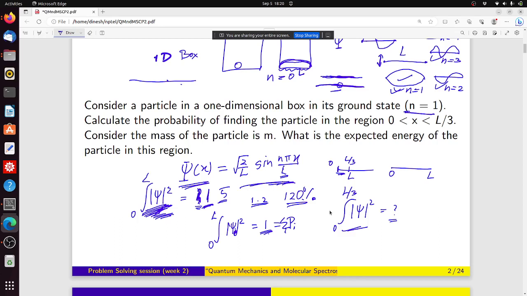I'll wait for 5 minutes, or no, 5 minutes will be more. Let's say 3 minutes. Take 3 minutes, then tell me the answer. You have to just square this and integrate from 0 to L by 3.